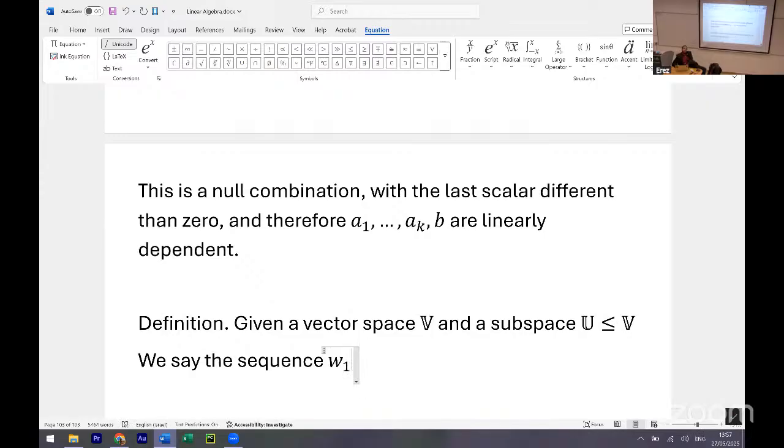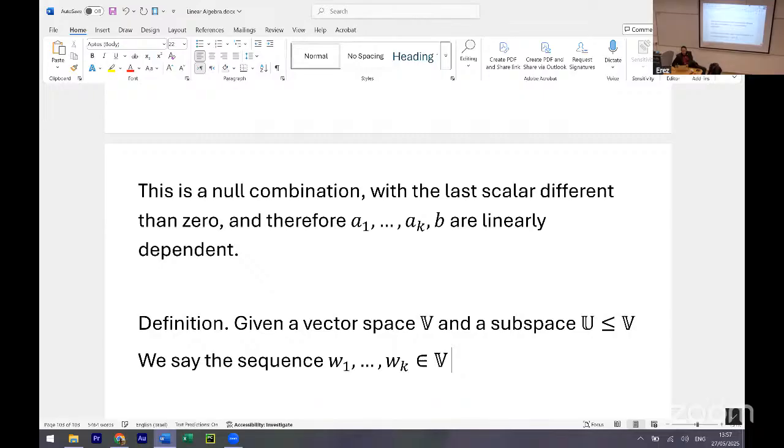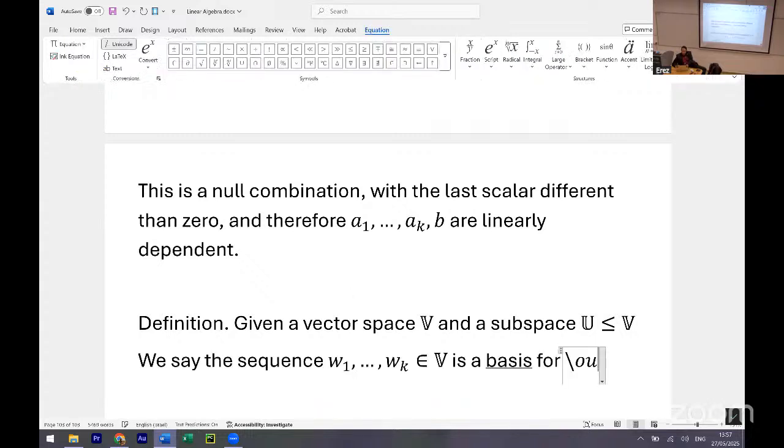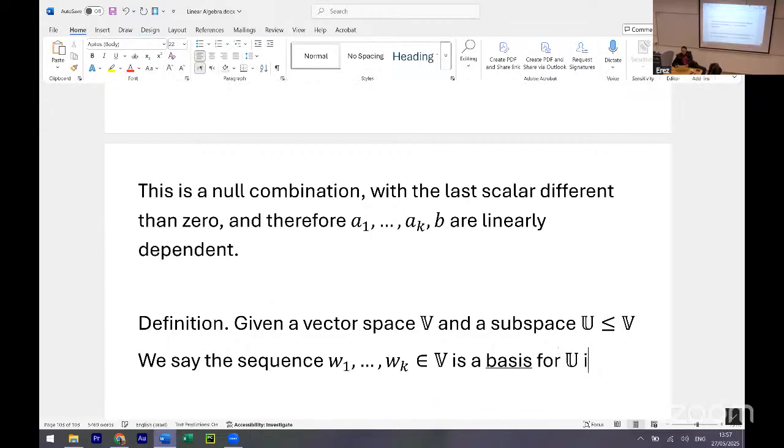The vectors W1 to WK within V are a basis for U if the following 2 conditions hold.